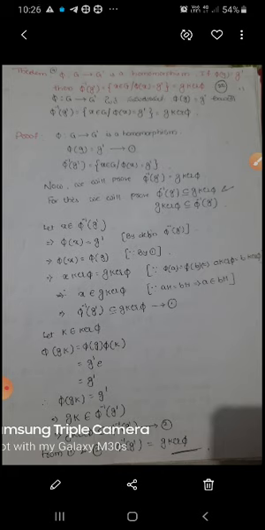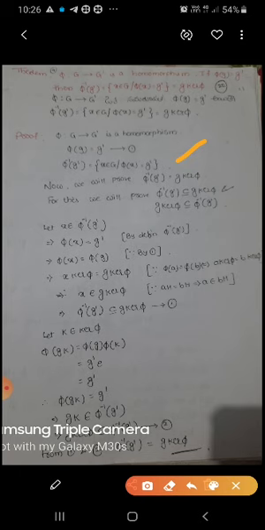Proof. φ: G → G' is a homomorphism, and φ(G) = G'. What is given we will write here, as equation 1. So φ⁻¹(G') = {x ∈ G such that φ(x) = G'}.